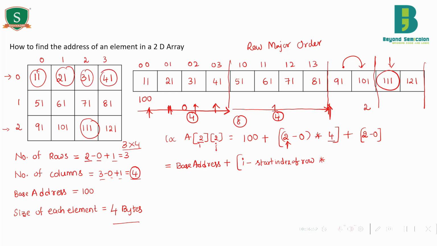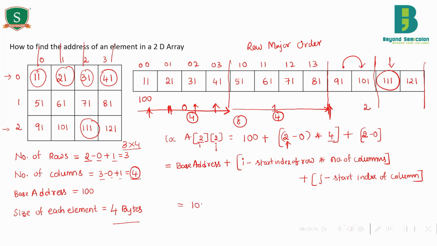These 4 elements are the first column, second column, third column, fourth column. Of course 0, 1, 2, 3 as per the index. If I count it, there are a total of 4 columns. Multiplied by the number of columns, plus the j value subtracting the start index of the column will give you the answer.